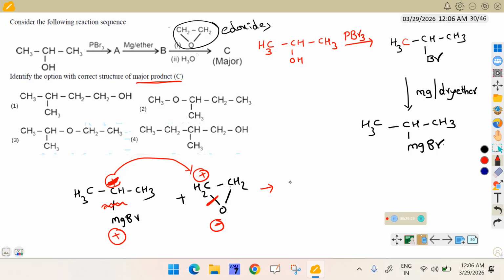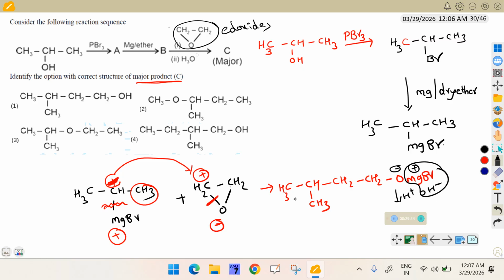Then CH3CHCH3, a new C-C bond is formed, CH2CH2OMgBr, which on further hydrolysis reacts with H plus OH minus.